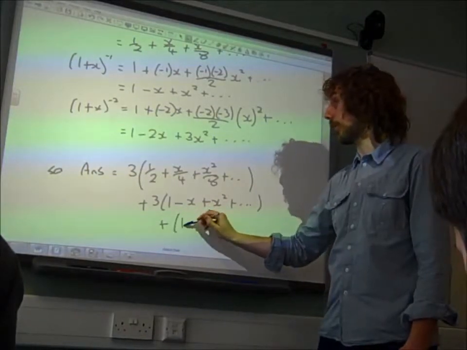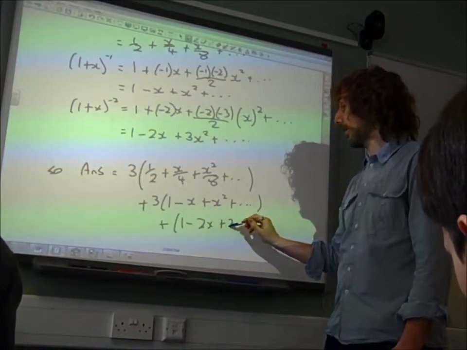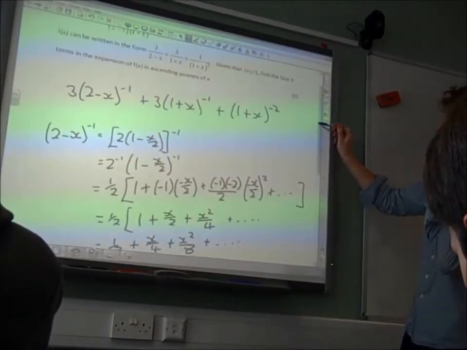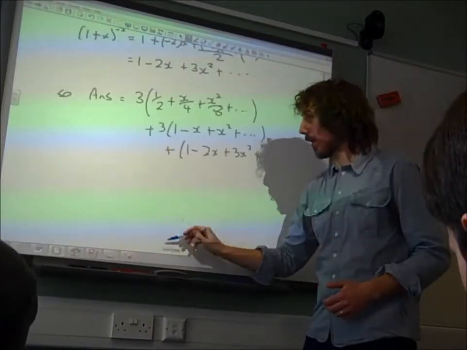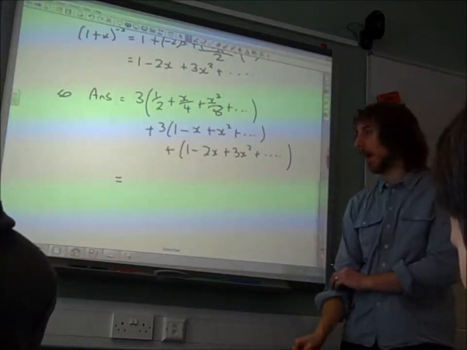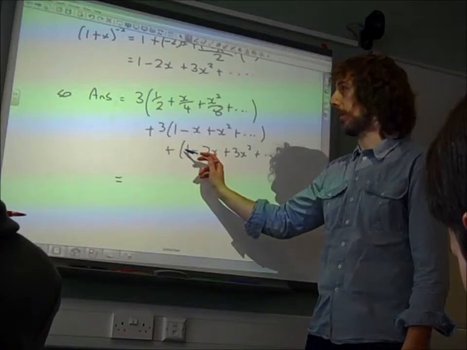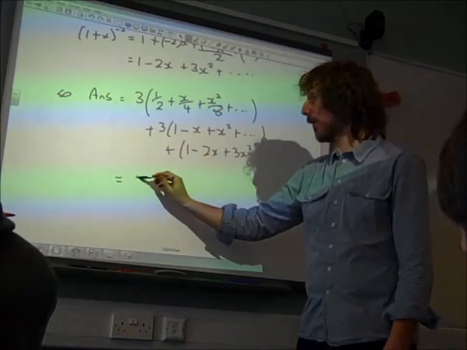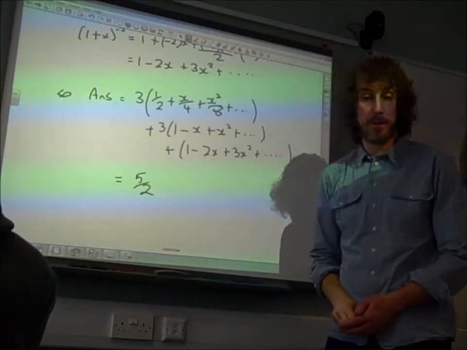Plus 1 lot of the last one that we did. I think, is that right? Yeah. Which gives us, if we work out the numbers first, we have 3 plus 0 is 4, take away 1.5, so that's 5 over 2 as our first term.